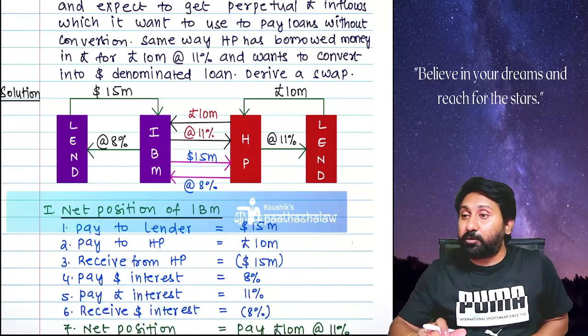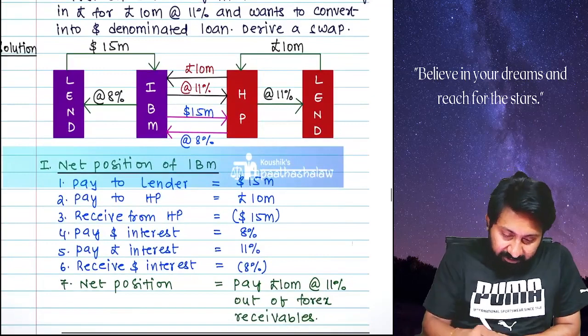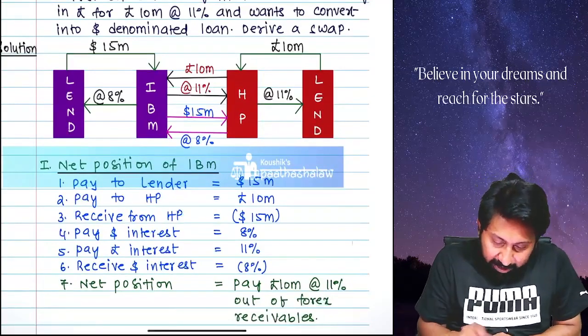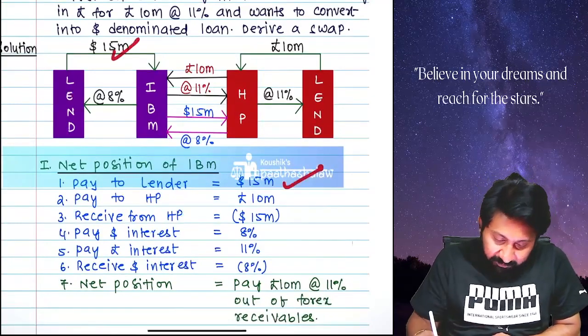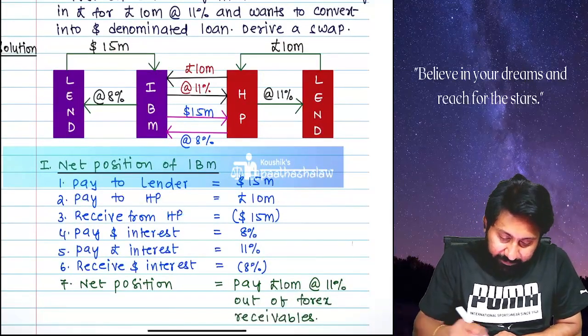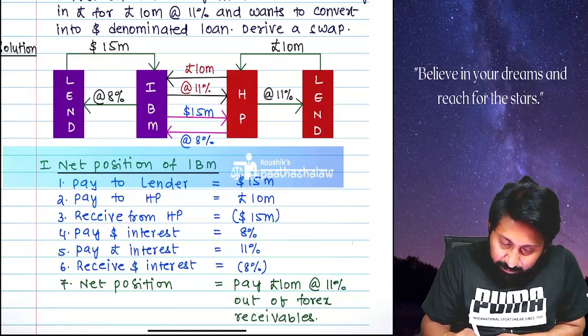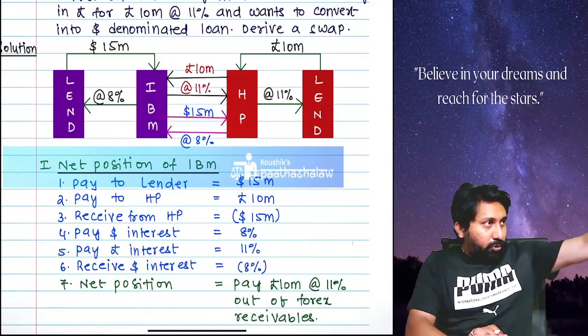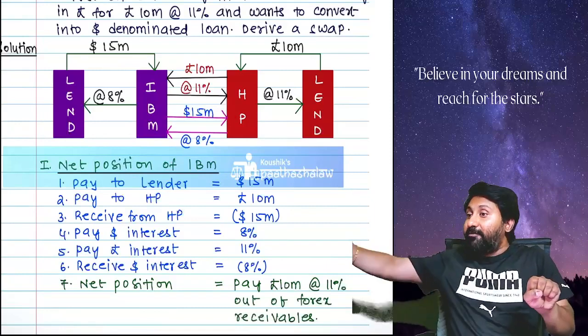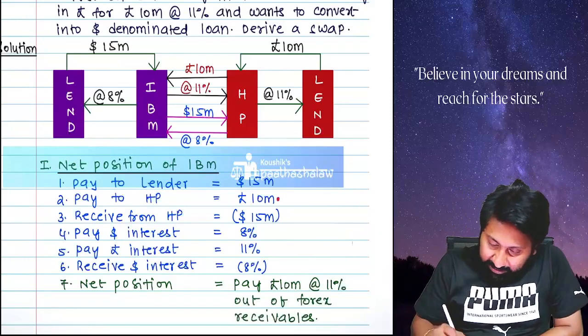Let us see the net position of IBM. First, one by one, let us come. Pay to lender, how much? $15 million. Pay to HP, how much? 10 million pounds. Receive from HP, $15 million. Because you gave 15 million, you took 15 million. This taken, given, both will set off, leaving 10 million.